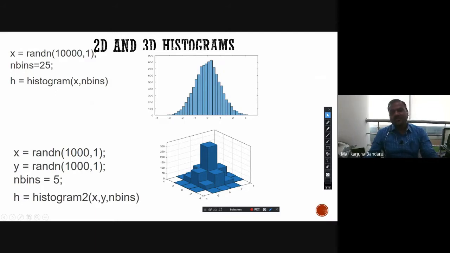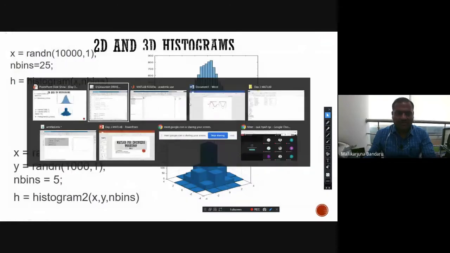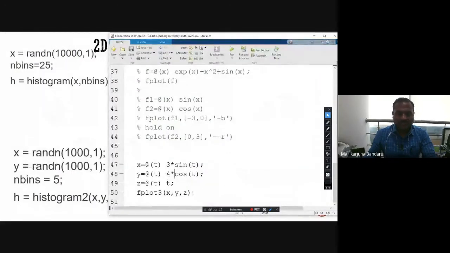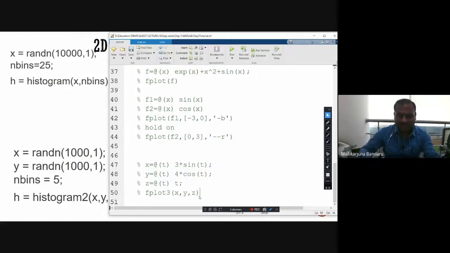How do you visualize the histogram of certain data? See here, certain data is executed: x is equal to randn of 10,000 comma 1. Why should we take that? Let us take a simple one and try with that. So this is to draw the histograms.